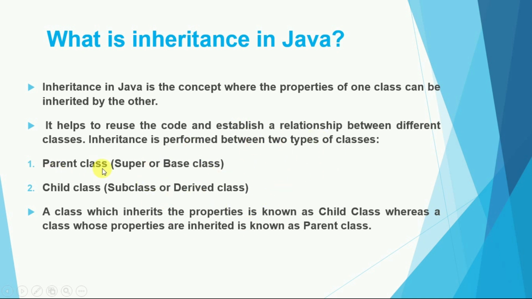First is the parent class, also called super or base class, and there is the child class, also called subclass or derived class. We only need to use the extends keyword to give the relationship between the child class and the parent class to inherit the properties of the parent class. So the class which inherits the properties is known as the child class, whereas the class whose properties are inherited is known as the parent class. Okay, so I hope you understood.